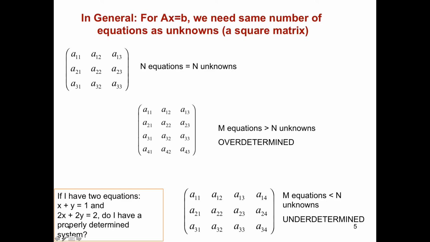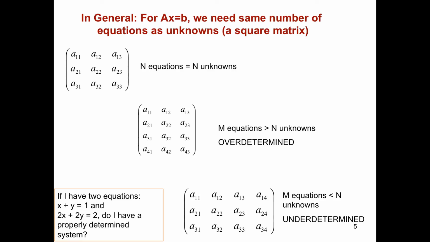So let's say that I have two equations, x plus y is equal to 1, and 2x plus 2y is equal to 2. Do I actually have a properly determined system where I can solve for both x and y? So this is the case where I formally have 2 equations, but one is a multiple of the other.